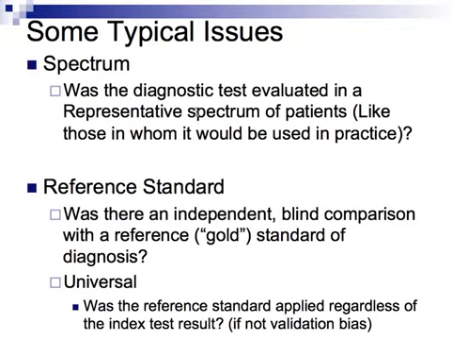For example, the Ottawa ankle rules, which were developed to detect fractures after ankle sprain, have been applied in the emergency department and in sports medicine clinics. That's one of the routine things that happens when we look at diagnostic tests.